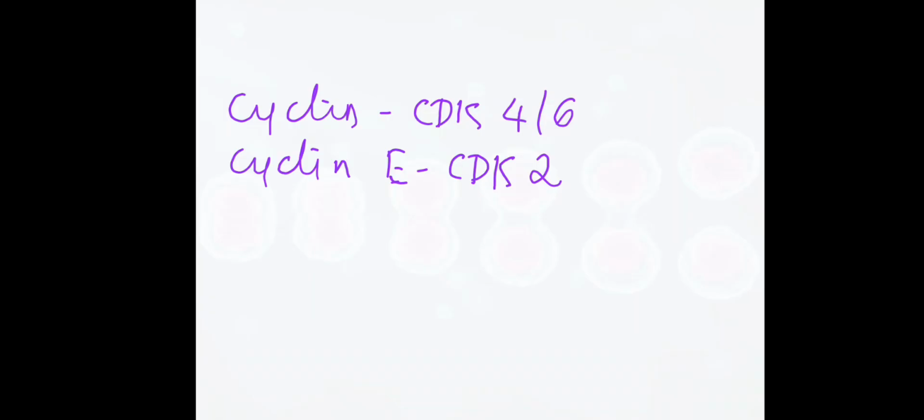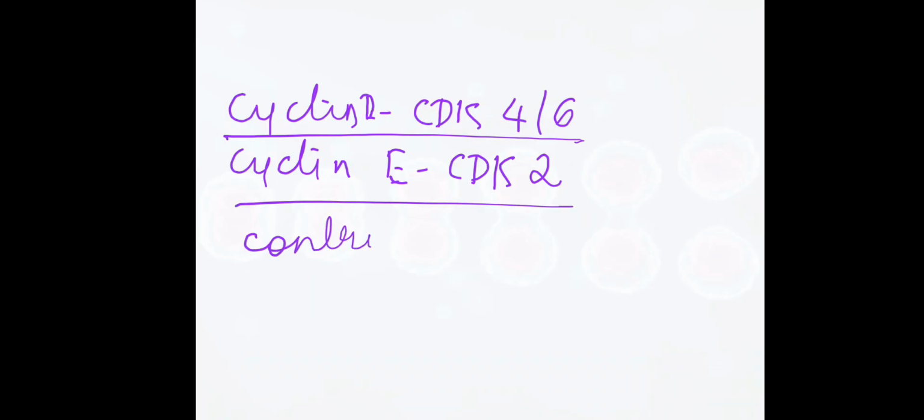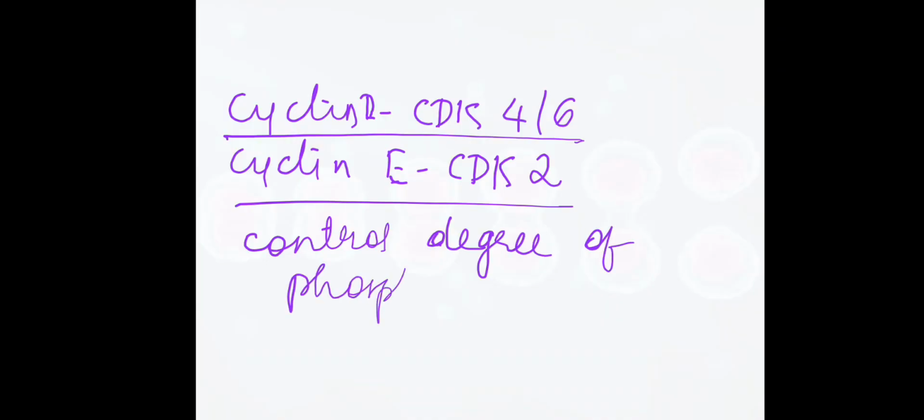Let us now know the particular function of both of these. Cyclin D CDK and cyclin E CDK2 control the degree of phosphorylation, meaning hypophosphorylation or hyperphosphorylation.